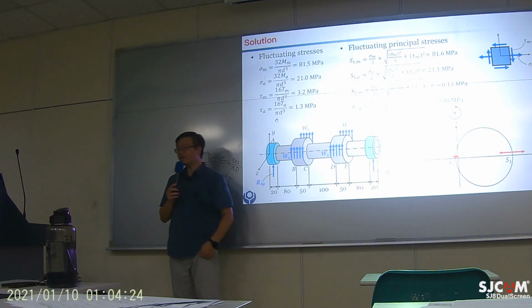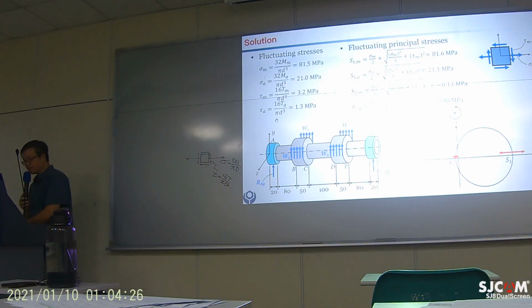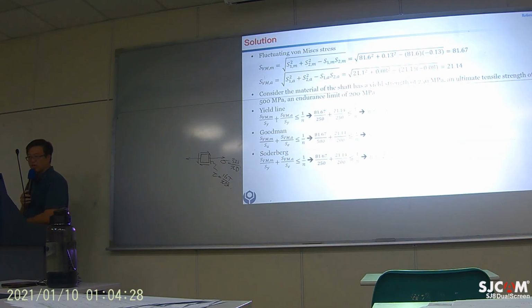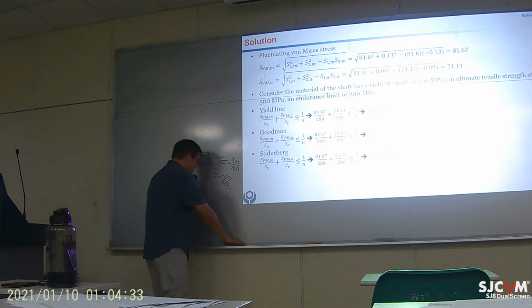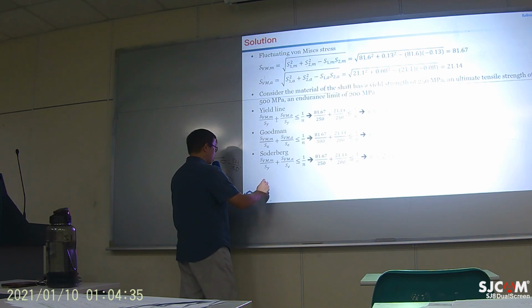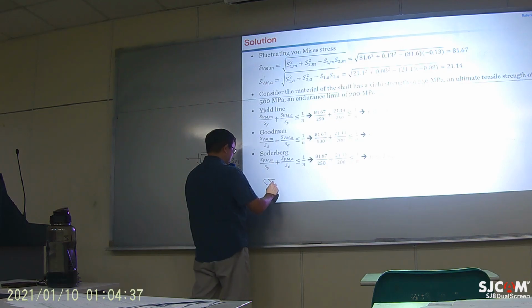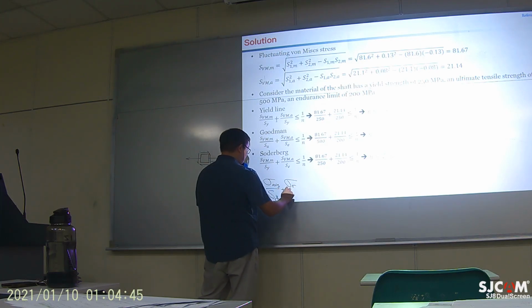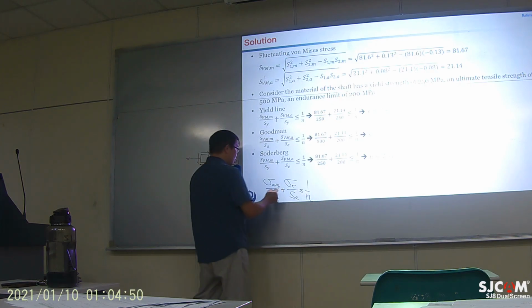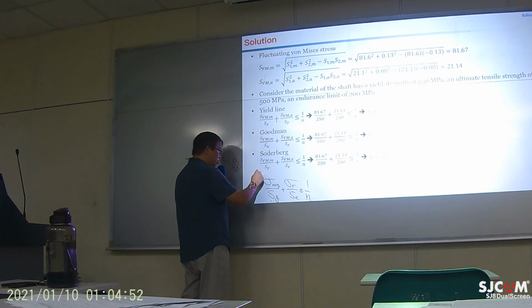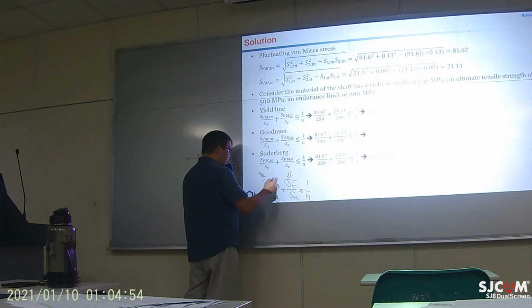So with that, I didn't tell you yesterday, when we have the design equations, we mentioned we have the average part over some limit, let's say y, plus the range part over endurance limit, right? So over here, please pay attention to these.